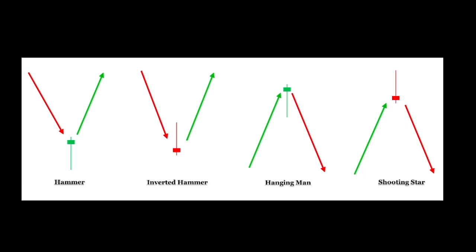What that means is the lower wick is extremely long. So the sellers were in control for a large amount of that candle time frame, but the buyers were able to rally together and bring that price back up.